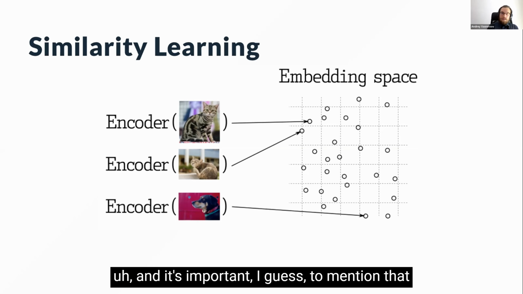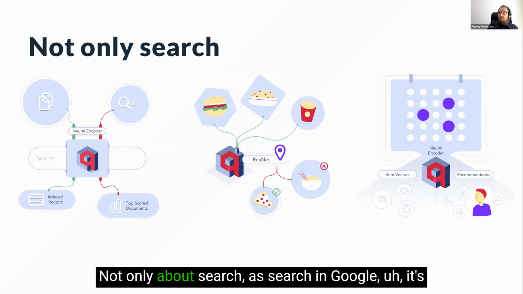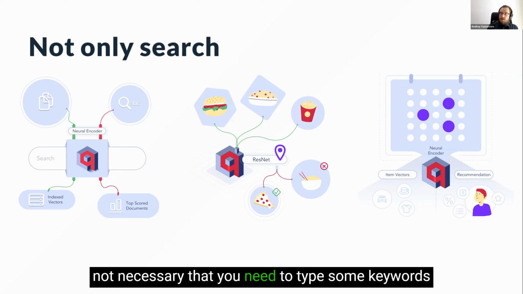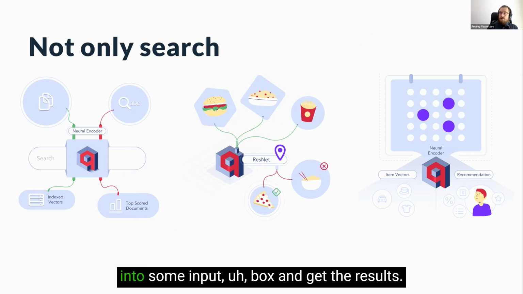And it's important, I guess, to mention that similarity learning and similarity search is not only about search as in Google. It's not necessary that you need to type some keywords into some input box and get the results.